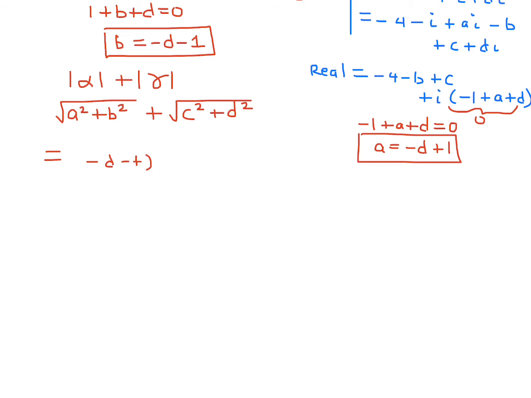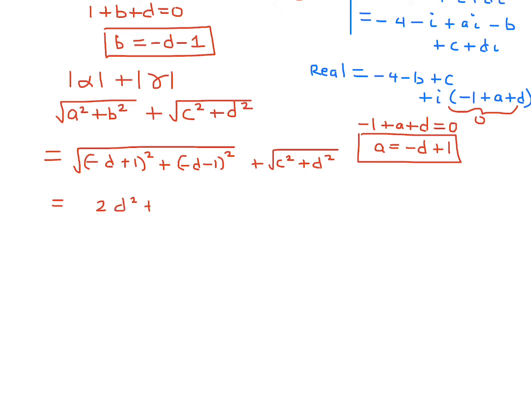So for a, it's minus d plus 1 all squared. And for b, it's minus d minus 1. And this just becomes c squared plus d squared. I think this we can leave for now. If I expand this and collect like terms, I get 2d squared plus 2.